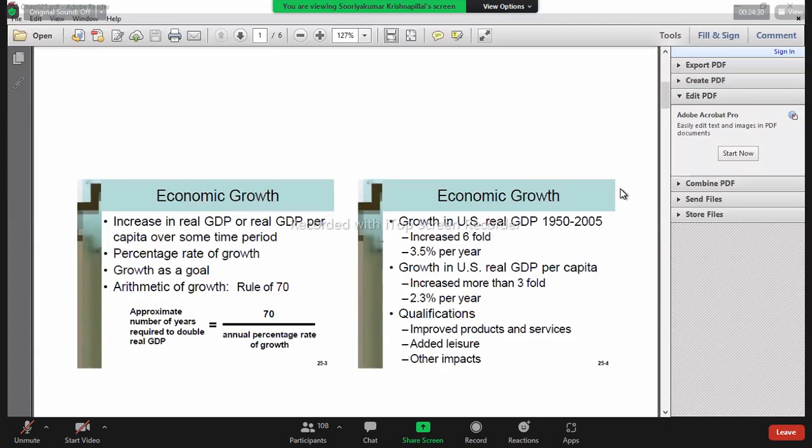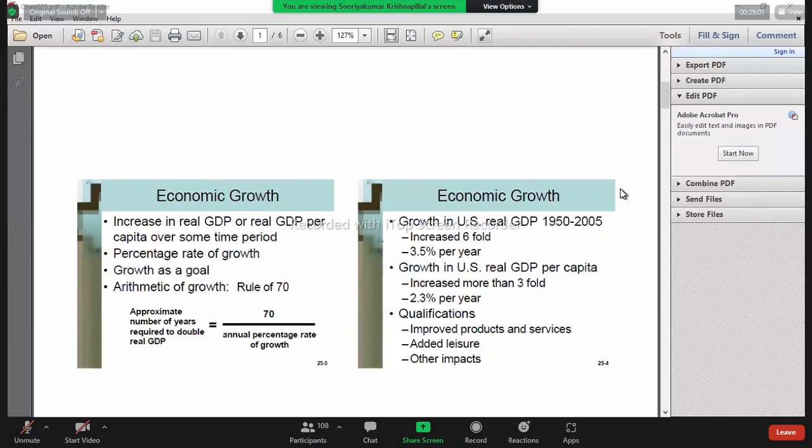So, economists define and measure economic growth as either an increase in real GDP or real GDP per capita over some time period. It can be quarterly, monthly, annually.